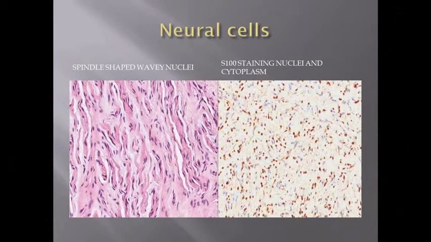So broadly, when you classify these spindly cells, you have a group called smooth muscle cells with blunt-ended nuclei and abundant cytoplasm, and then cells which are myofibroblasts or neural cells, and they stain differentially, with smooth muscle actin for myofibroblasts giving rise to the tram track appearance, and S100 staining the neural cells, as you can see very well on this picture here.